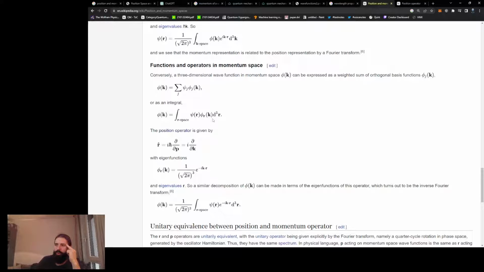I'm struggling to understand why this makes sense. These eigenfunctions can be expressed, yeah, so these are these things, right?